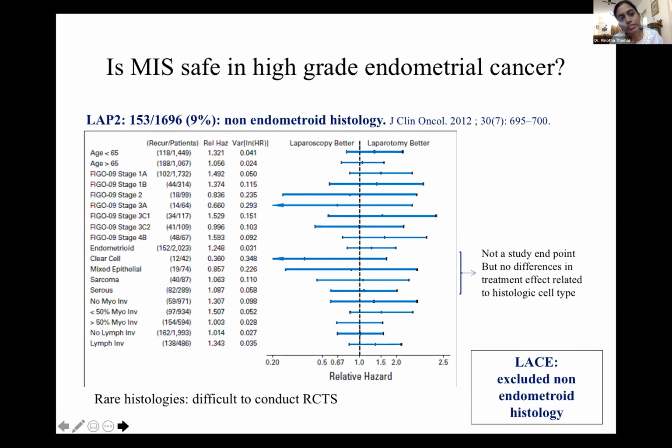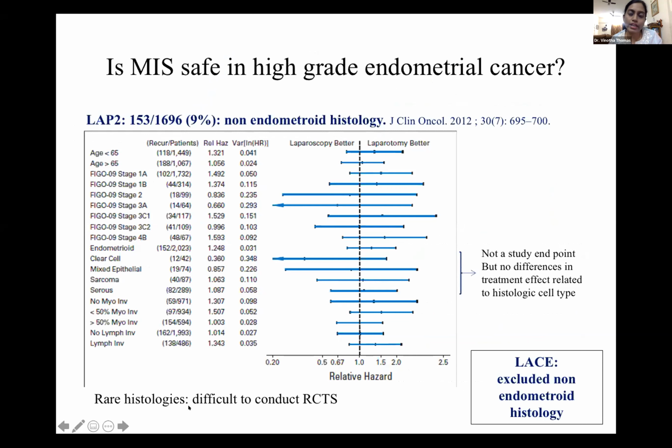With regard to special scenarios, is minimally invasive surgery safe in high-grade endometrial cancer? In the LAP2 trial, about 9% of them had non-endometrioid histology, as against the LACE trial, which excluded all non-endometrioid histology. This was not a study endpoint, but when we look at this forest plot, there is no difference in treatment effect related to histologic cell type.